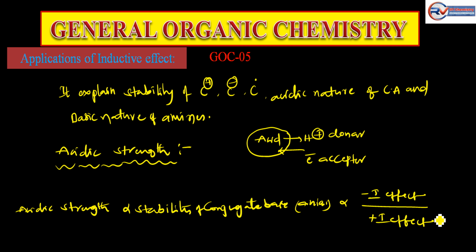Simply, acidic strength is directly proportional to negative inductive effect groups and inversely proportional to positive inductive effect groups. Okay, let's start with examples.